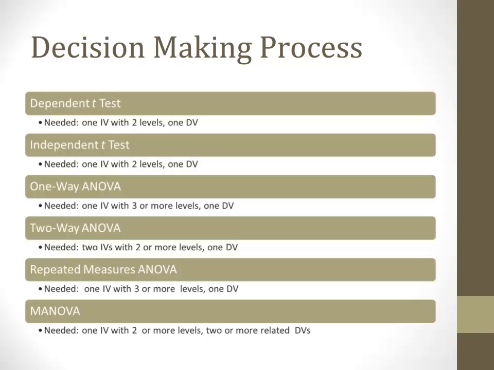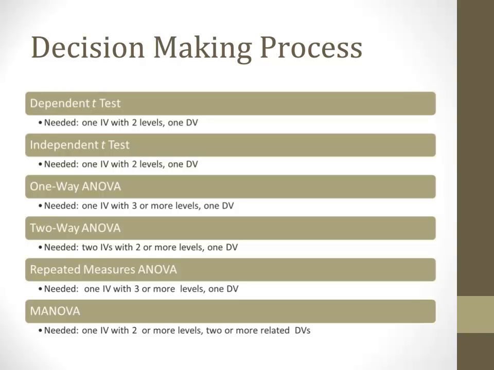We then move on to the two-way ANOVA. Now the two-way ANOVA differs from the one-way ANOVA because we're actually looking at two groupings or two independent variables. So we want to know if there's a difference between groups within these independent variables on the dependent variable, and then we also want to know if there's an interaction between these independent variables.